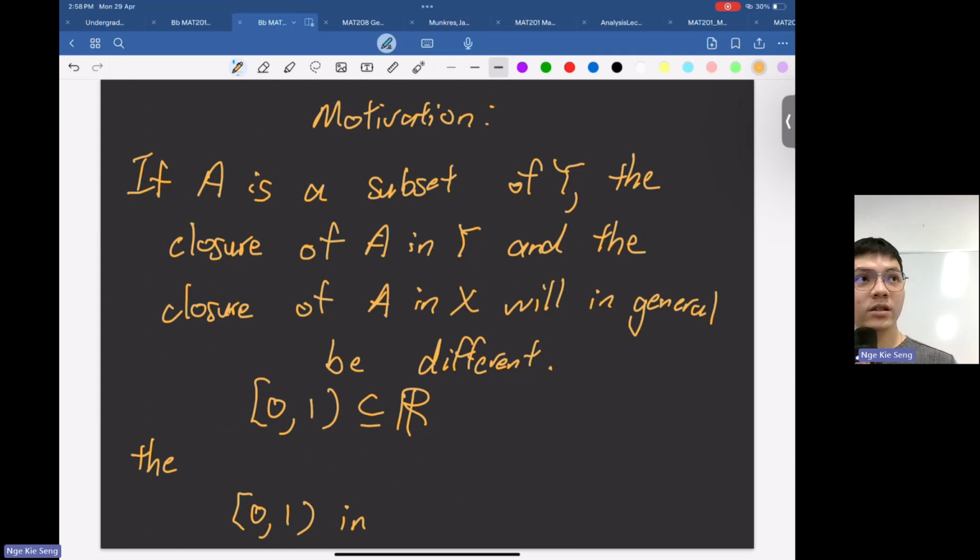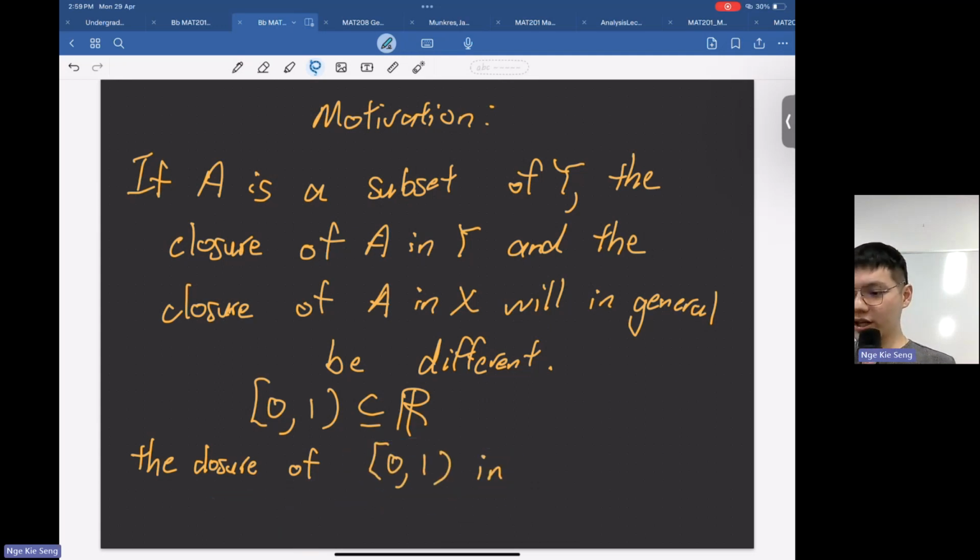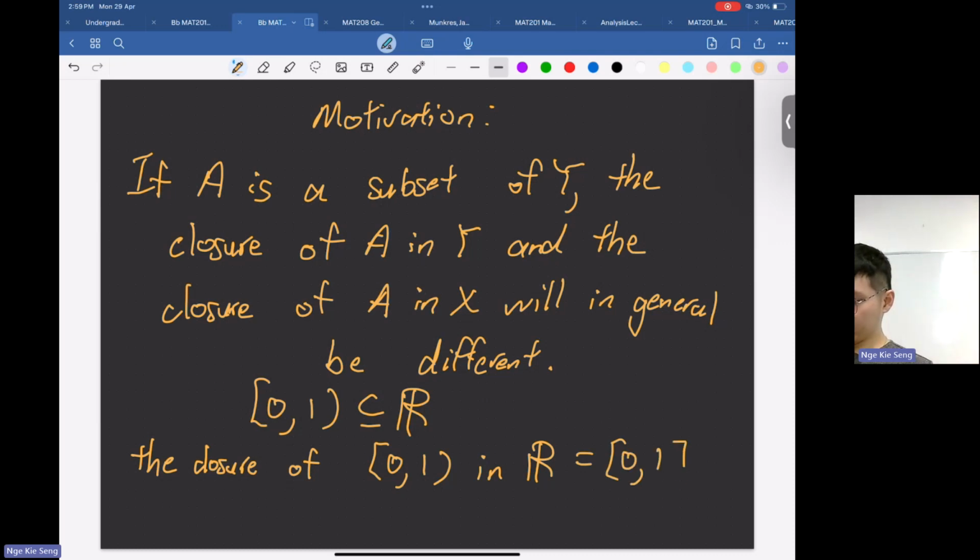So what's the closure of this half open interval in, let's say, R? It should be the closed interval [0, 1].